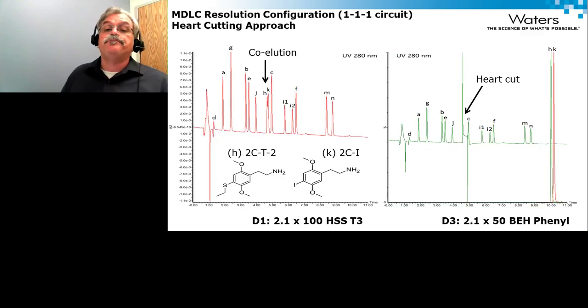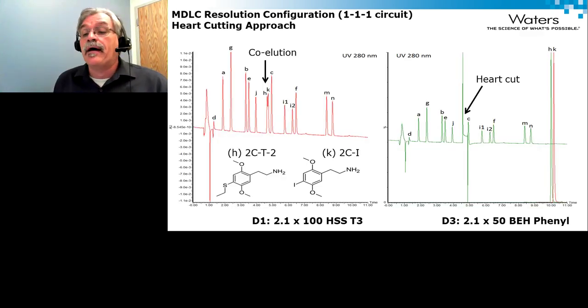Now, for example, here on the left-hand side, on the red chromatogram, we have an application that was done on a standard C18 column under UV condition. This actually is a standard 4.6 by 100 rather. And we see that peak H and K are basically co-eluting together.